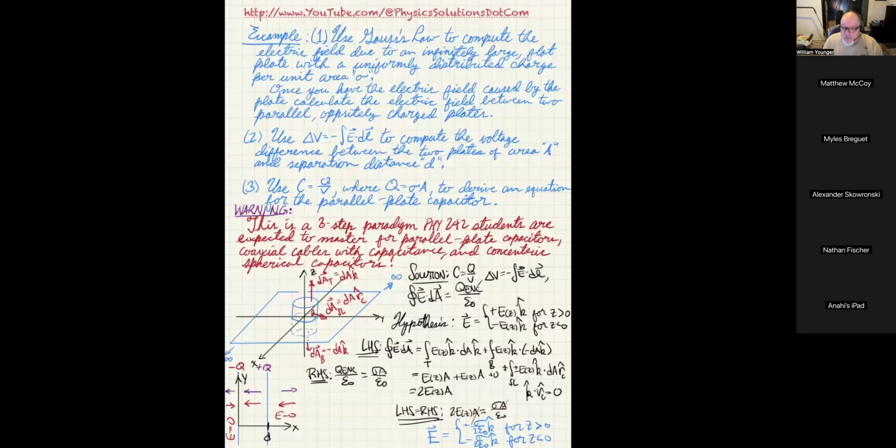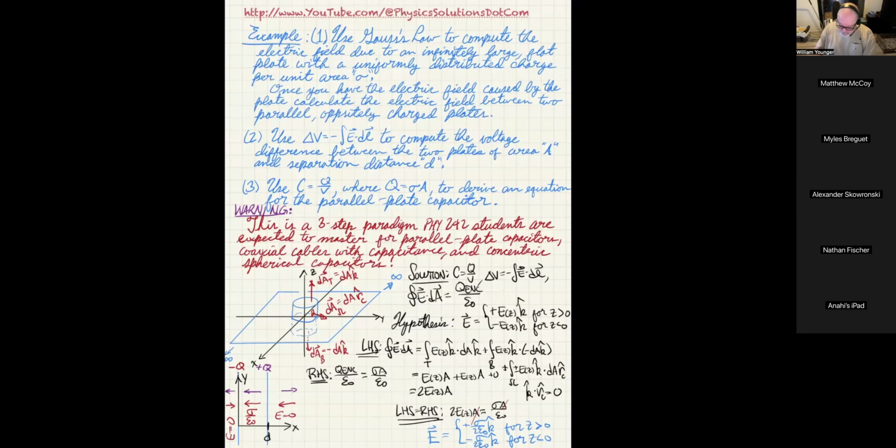But in between, I've got sigma over 2 epsilon naught, and then another one that points in the same direction with the same magnitude, sigma over 2 epsilon naught. When you add them, you get just plain sigma over epsilon naught, and that's the strength of the electric field between the plates. And then, as I showed, outside of the plates the electric field is roughly 0.